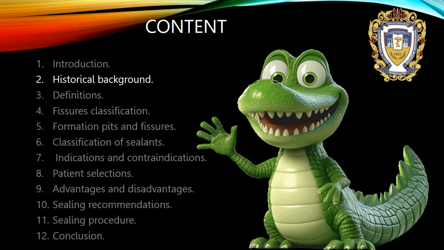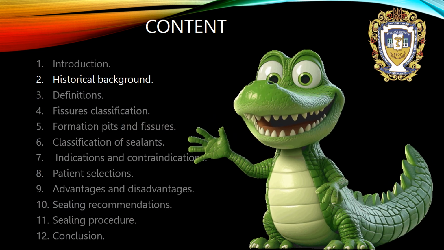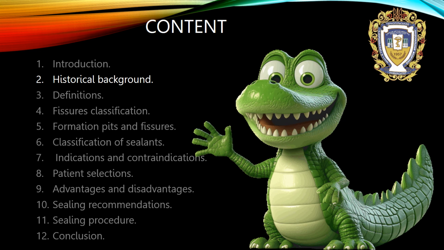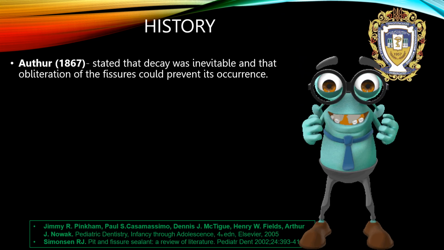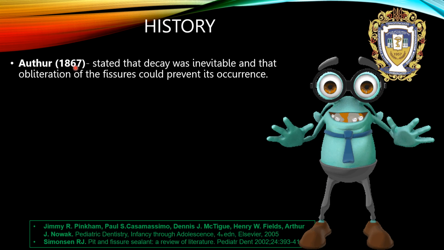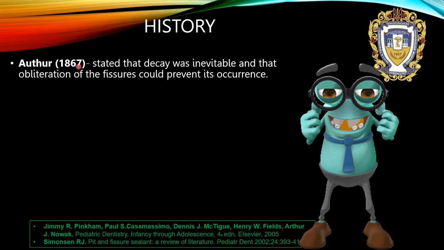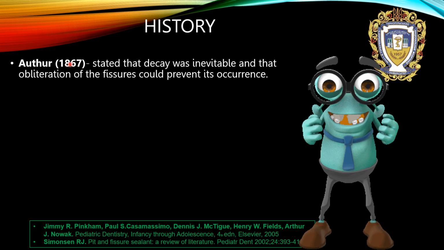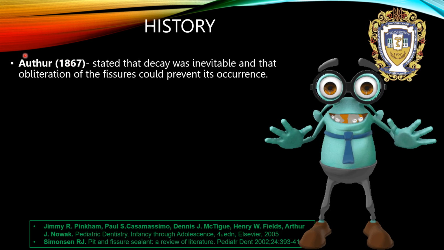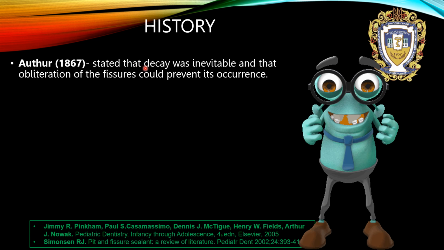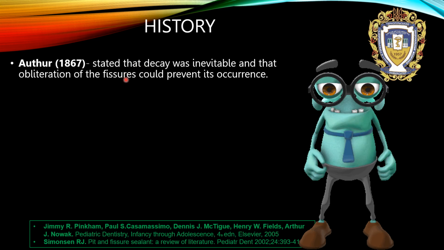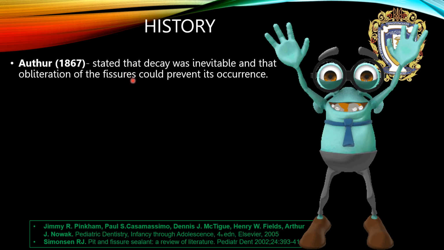What about history? What is the historical background of sealing? At the middle of the 19th century, an author stated that decay was inevitable and that obliteration of the fissures could prevent its occurrence.